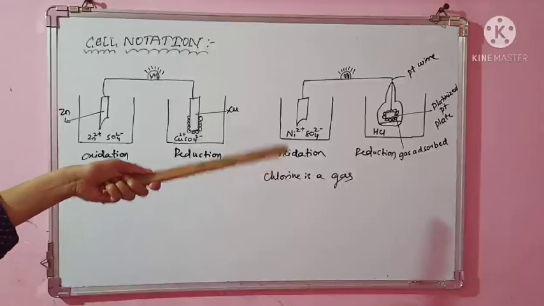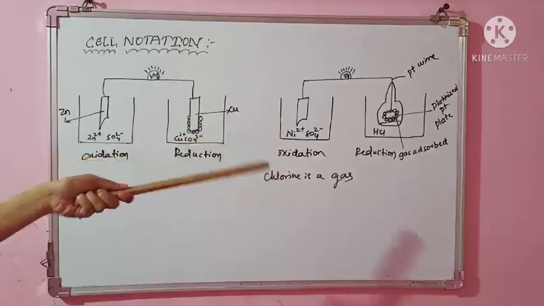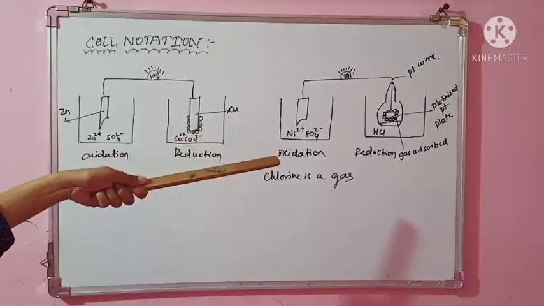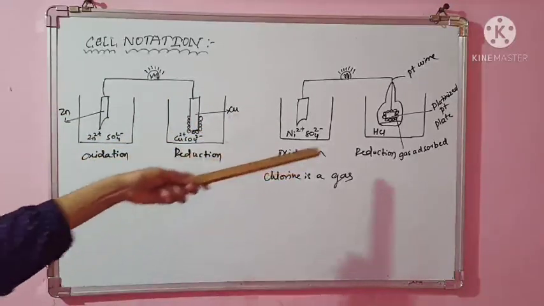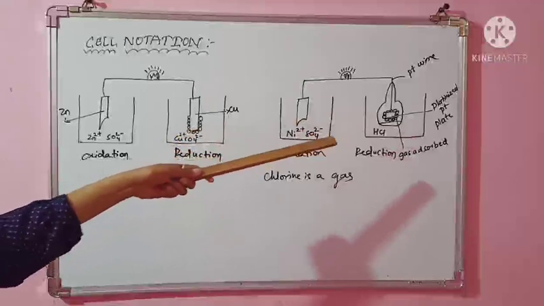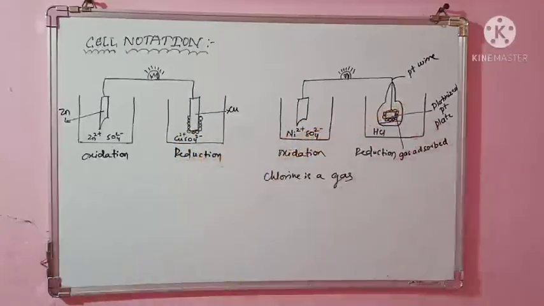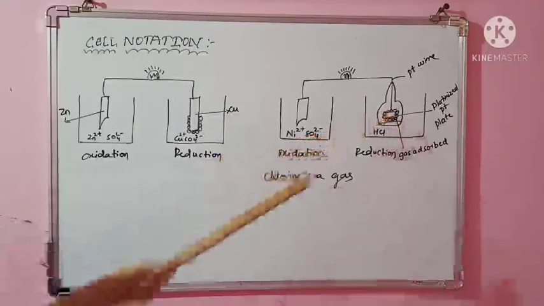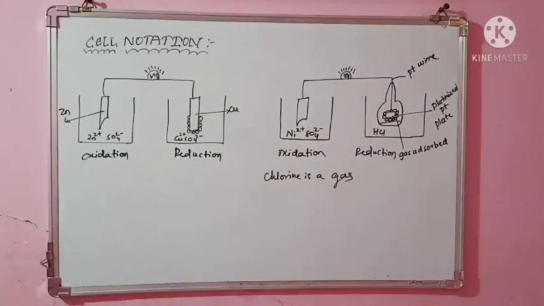But since we have taken a non-metal, chlorine, a gas, a gaseous electrode cannot be made. So in a gas electrode we consider a platinum wire connected to platinized platinum. The platinized platinum plate will have the capacity to absorb the gas.